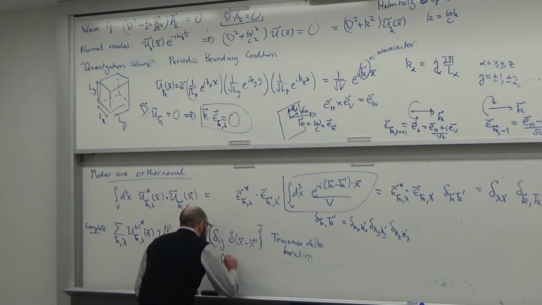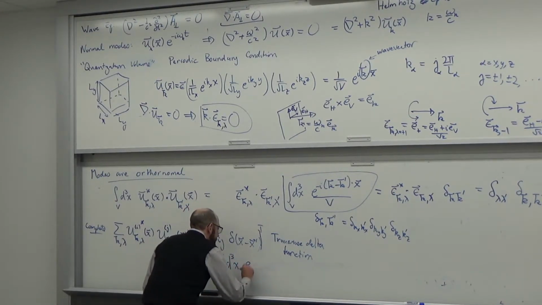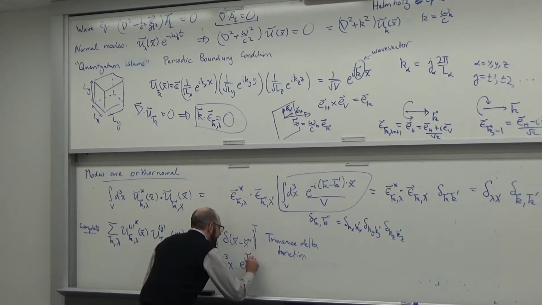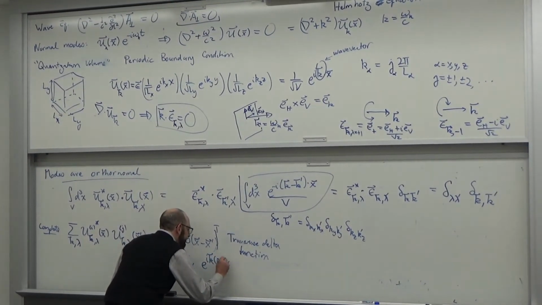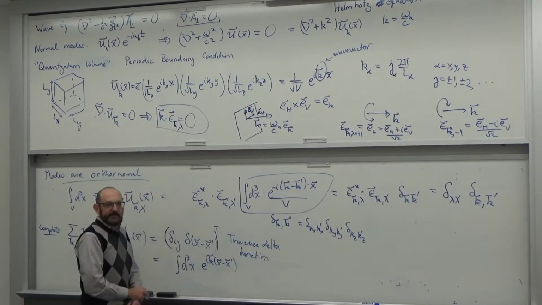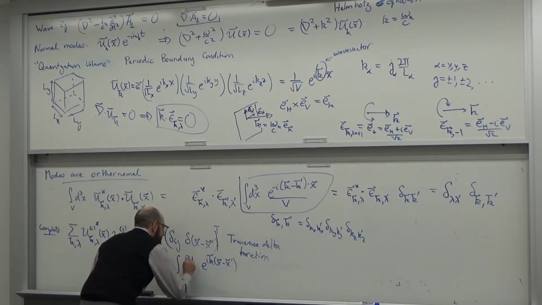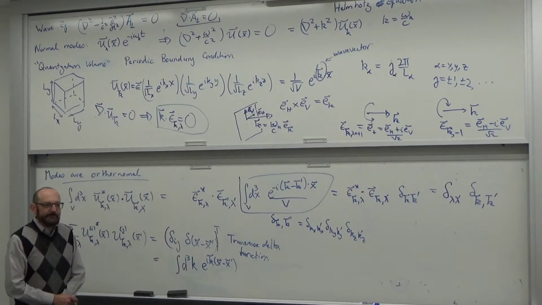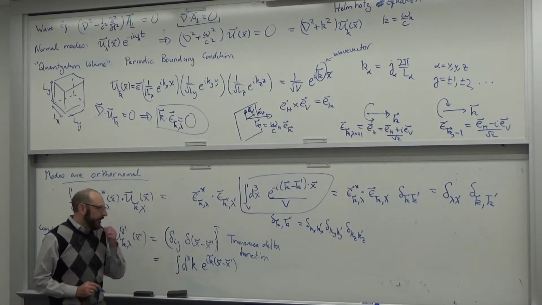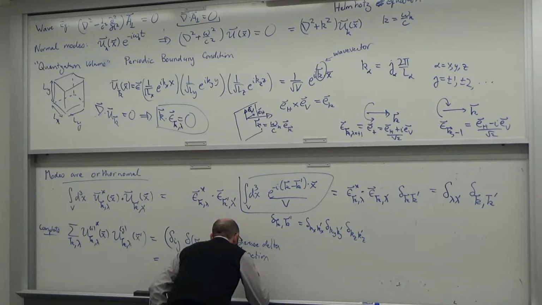If I had a delta function in 3D, I would write it like this, right? This is a scalar delta function in 3D, integrated over all k. You agree with that? This would be a delta function. But what I have in this is the following.